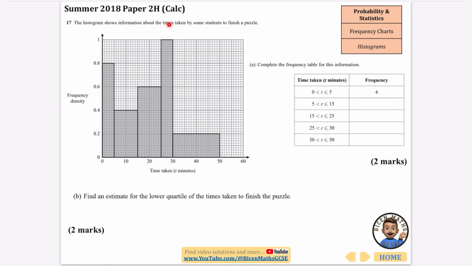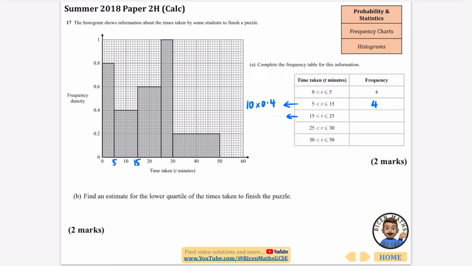This one says the histogram shows information about the times taken by some students to finish a puzzle. Complete the frequency table for this information. Like I just said, the frequency is literally just the area. In the first one, it is 5 multiplied by 0.8, which is 4. Between 5 and 15, the class width is 10 and the height is 0.4, and 10 times 0.4 is 4.